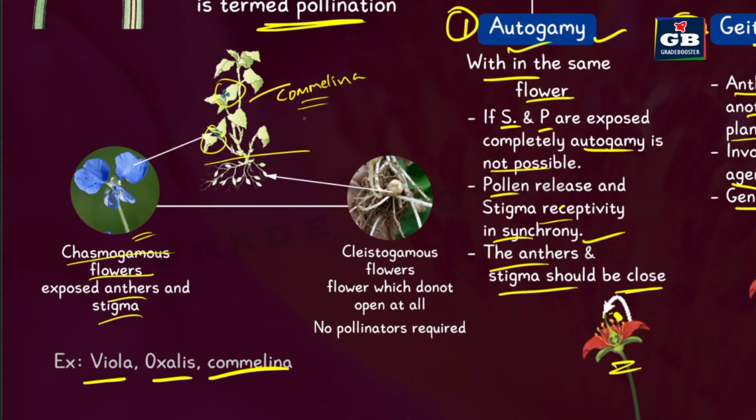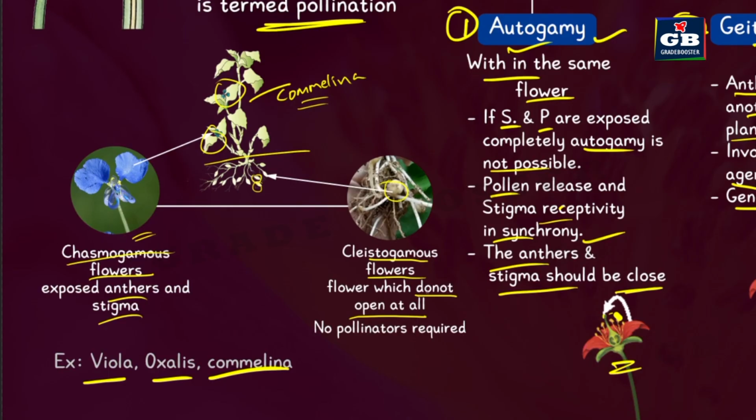The same plant has got another type of flowers. Here we can see, under the ground, cleistogamous flowers. So this is a cleistogamous flower. These cleistogamous flowers do not open at all. So where are the anthers and the pistil?